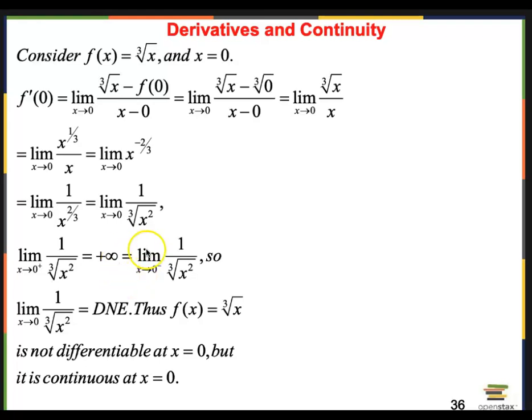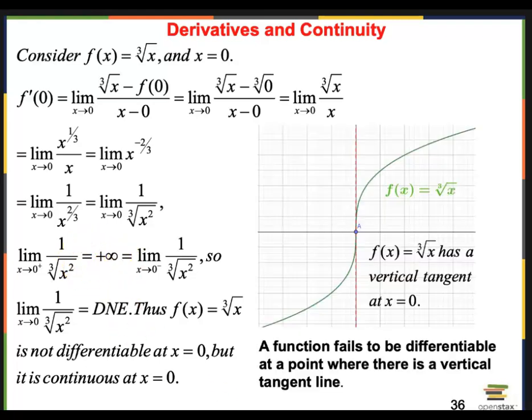If we look at this graphically, we'll see in a minute that the limit doesn't exist as x approaches 0. Thus, the function f of x equals the cube root of x is not differentiable at x equals 0, but it is continuous at x equals 0. So remember, this is infinity, not a real number, so it doesn't exist as far as we're talking about.